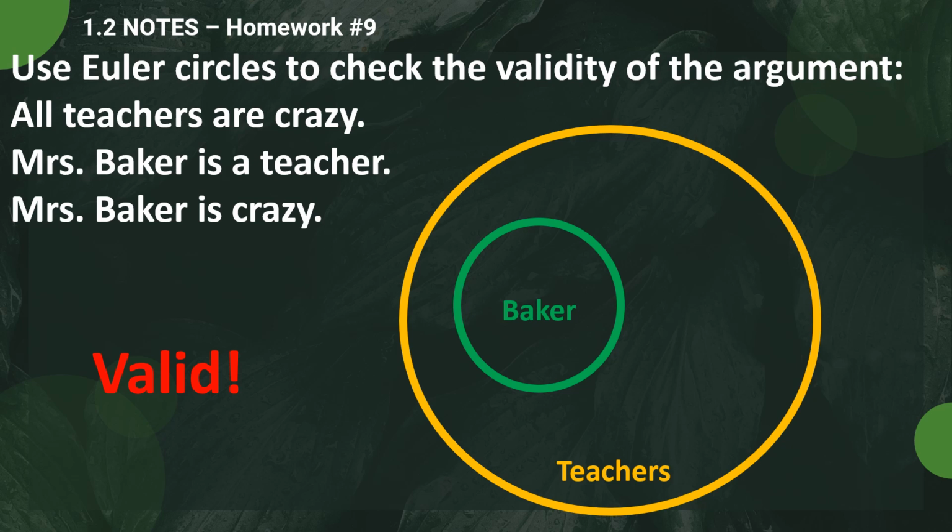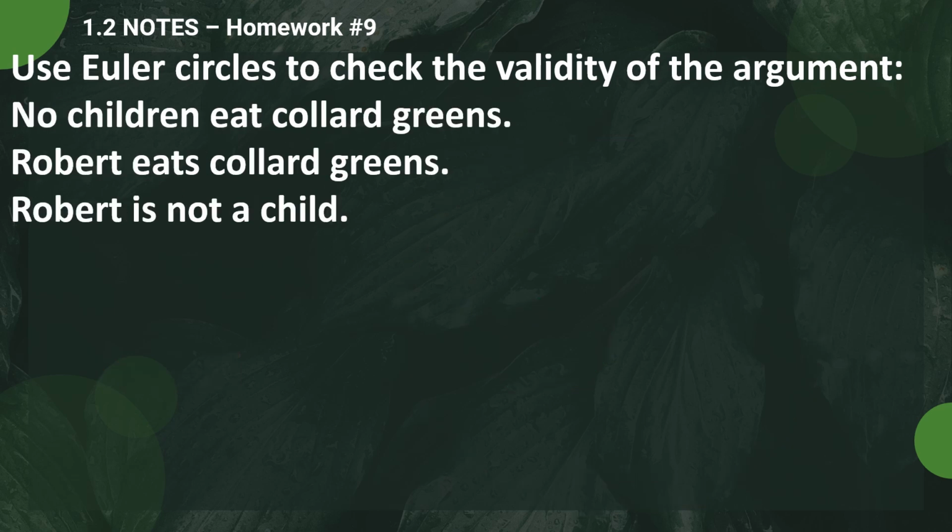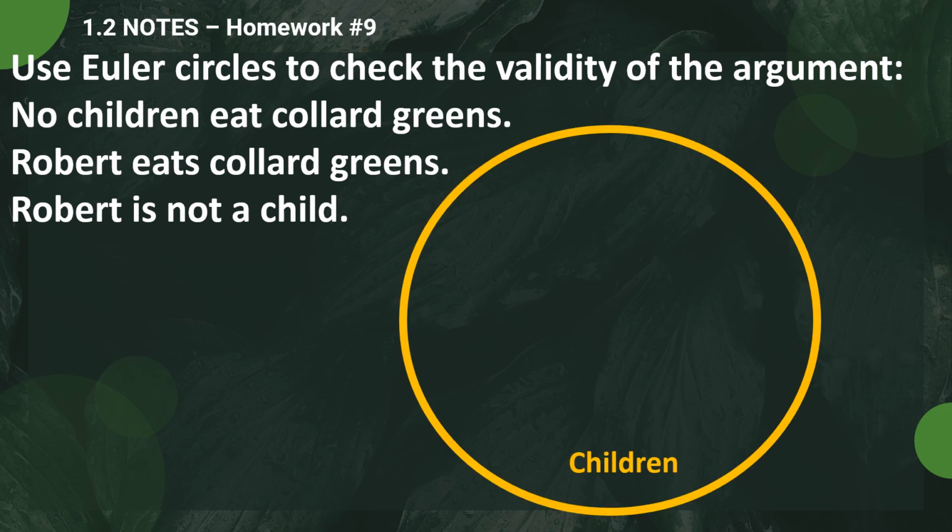All right, that is a form of deductive reasoning. Okay, let's look at one more of those. No children eat collard greens. Robert eats collard greens. Robert is not a child. So a little bit different. First of all, let's form our circle with children. This is our circle with all our children in it. Notice that our statement says no children eat collard greens.